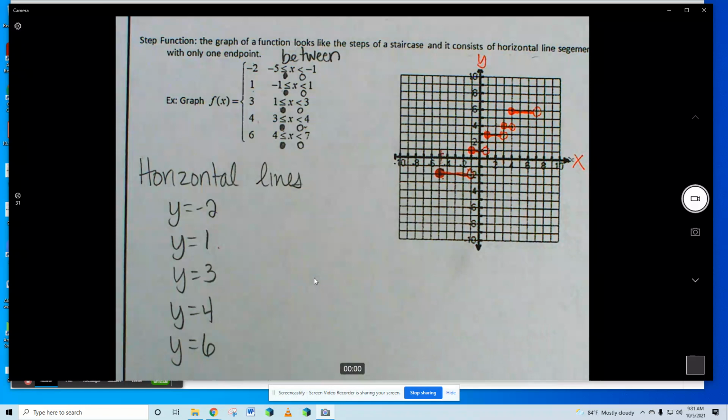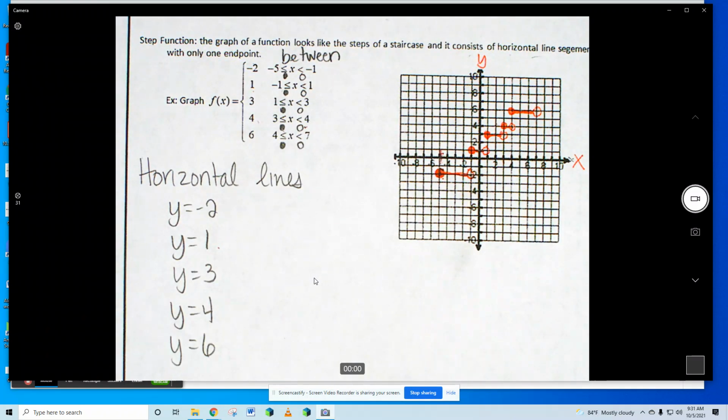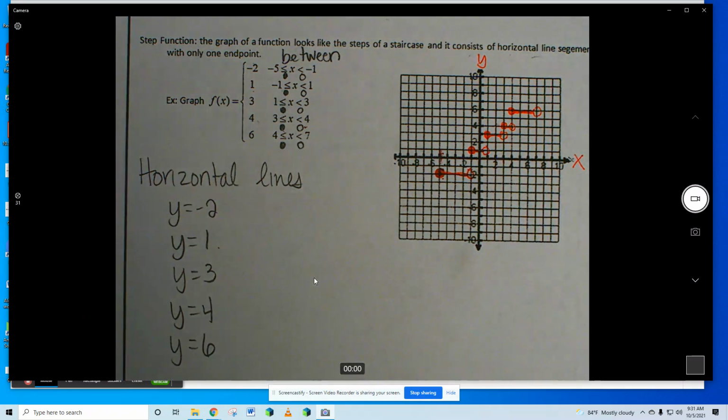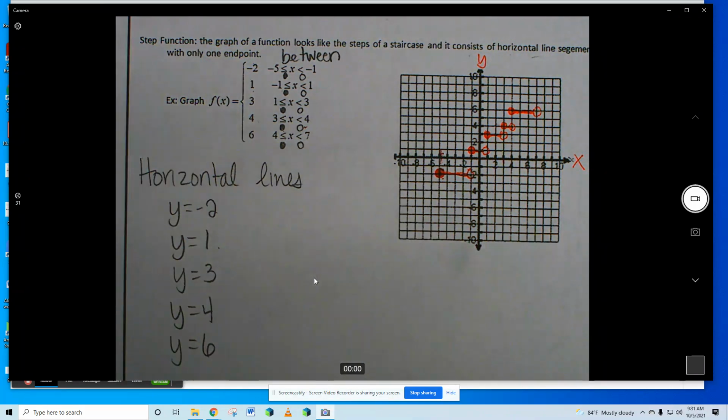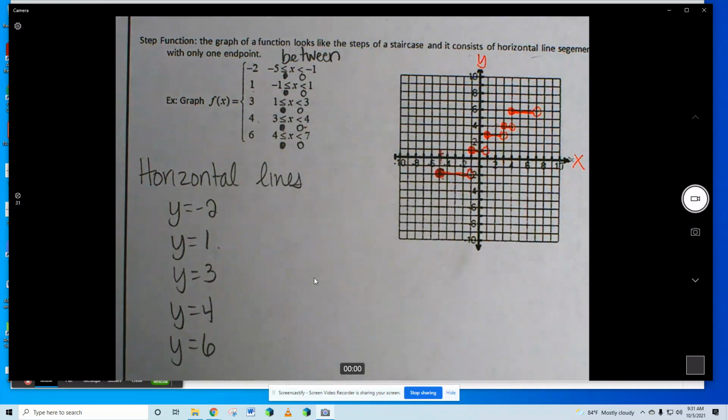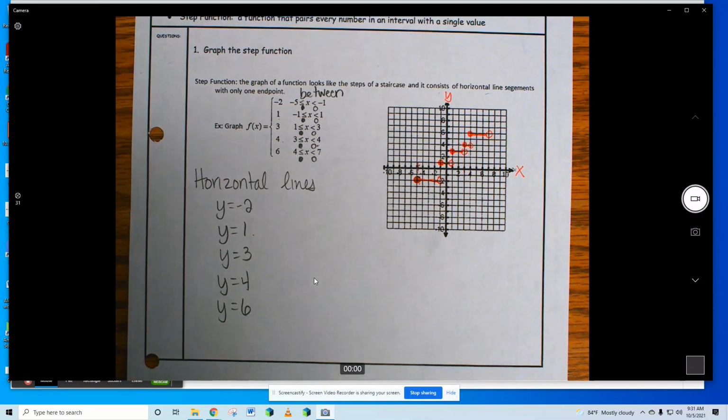Okay? Good. Okay, this is called a step function. This is how you graph a step function. We're going to do one on the back side where I give you a step function and you have to write the equation.